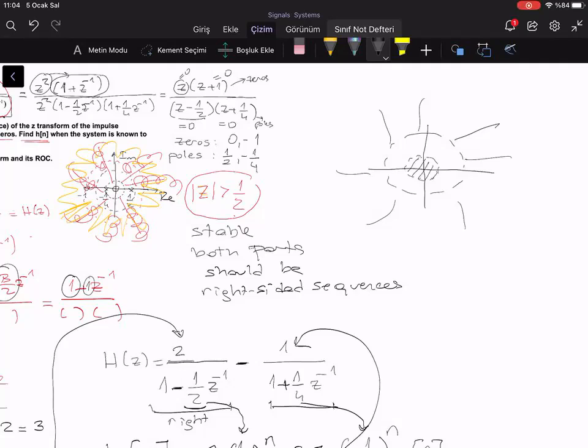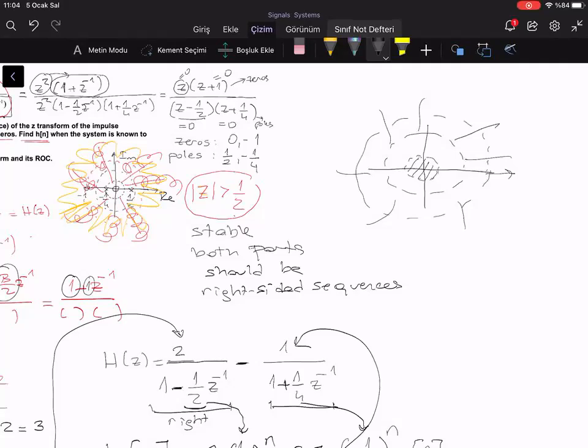Okay, hocam, I understand. You see, arkadaşlar, because I'm saying this is a stable system, that's why we have come up with the addition and saying that both sides are right-sided.